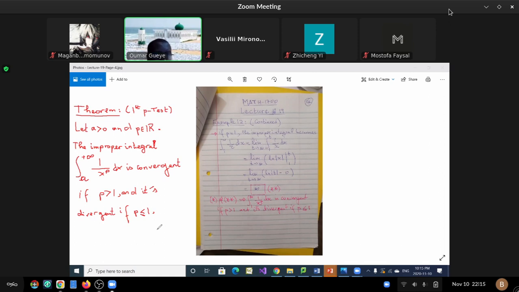Otherwise, the integral is going to be divergent. It means when you calculate it, you will get infinity. And based on that, I'm going to give you a couple of integrals, and you can tell me which one is convergent or divergent.